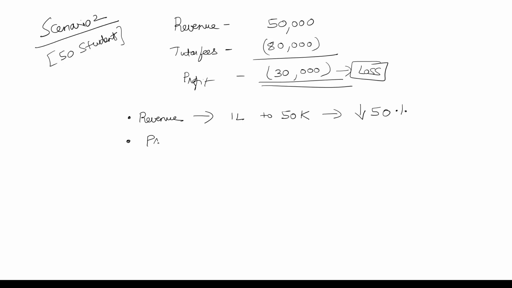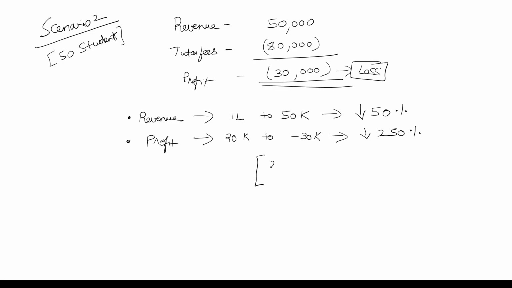What has happened to profit? If you look at profit, earlier it was 20,000. Now 20,000 has dropped to minus 30,000 because it's a loss. So you can see that this is a 250% drop. Now how do I say 250%?